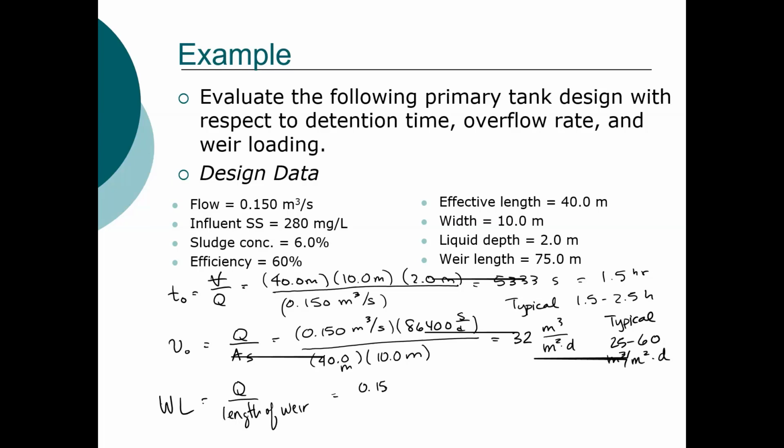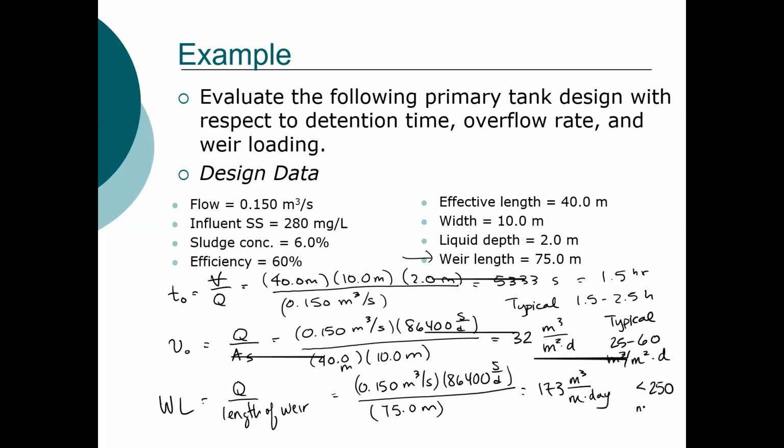So we have 0.150 meters cubed per second times 86,400 seconds per day, divided by the weir length, which is given, and that is equal to 173 meters cubed per meter per day, and the typical range is less than 250 meters cubed per meter per day. So we're right within the expected parameters for a primary sedimentation basin.